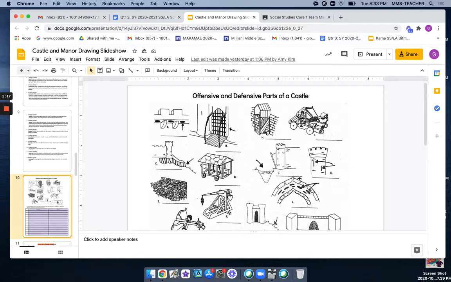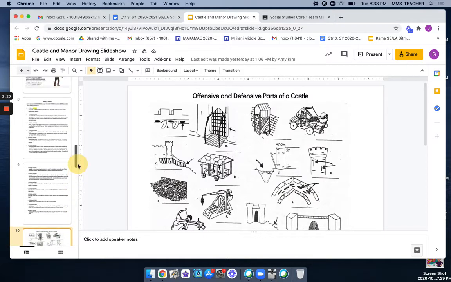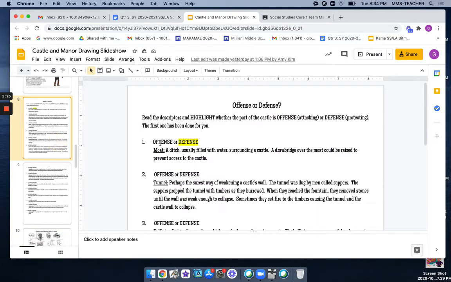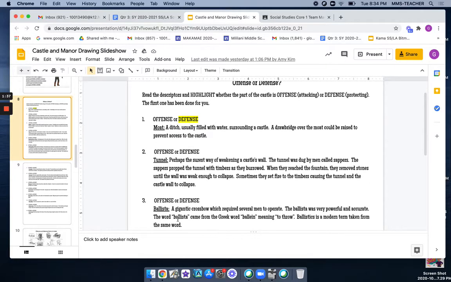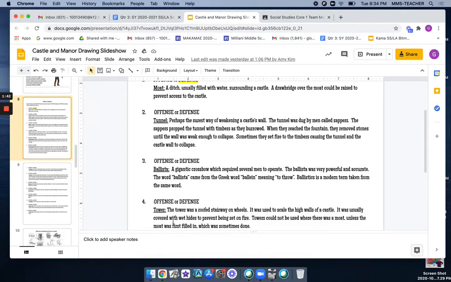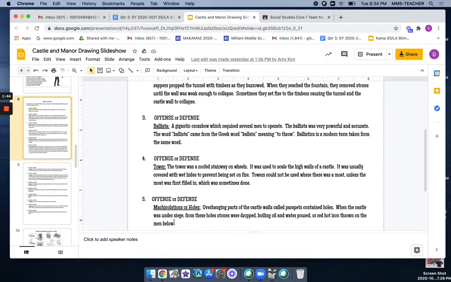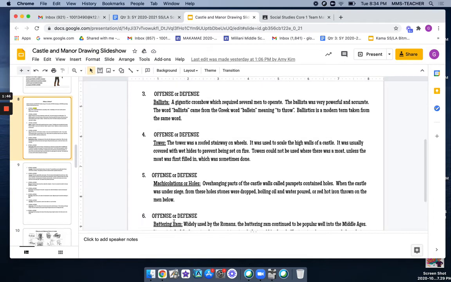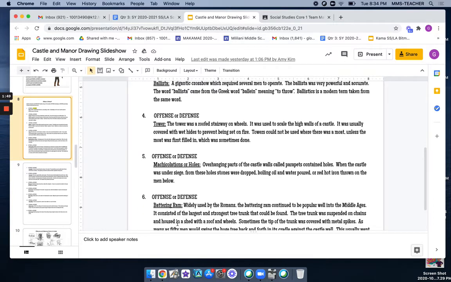In order to complete this, you are going to have to refer back to the previous slides, numbers 8 and 9, where it gives you descriptions of the castle parts, like a moat, tunnel, ballista, tower, machicolations or holes, battering ram.